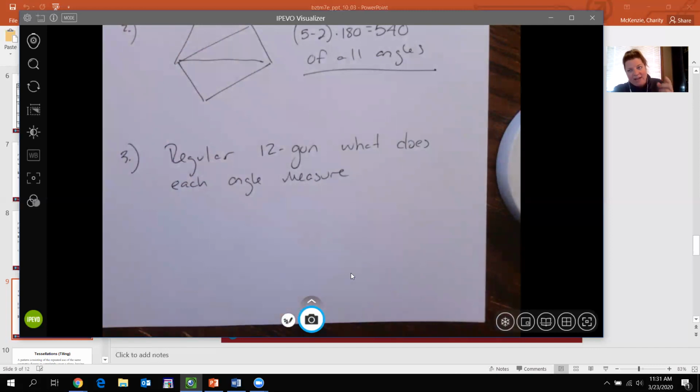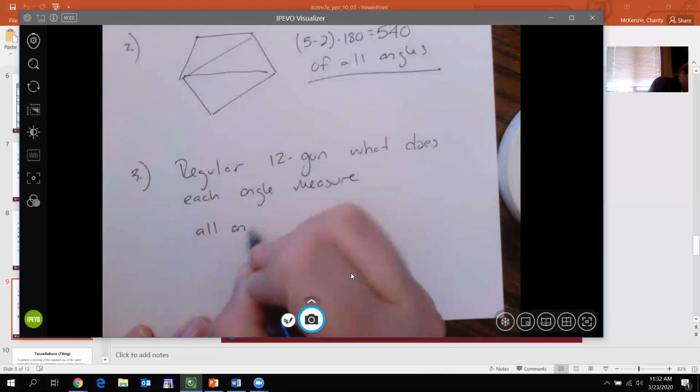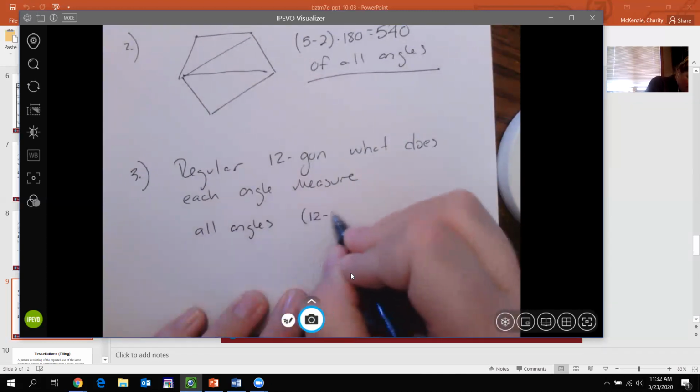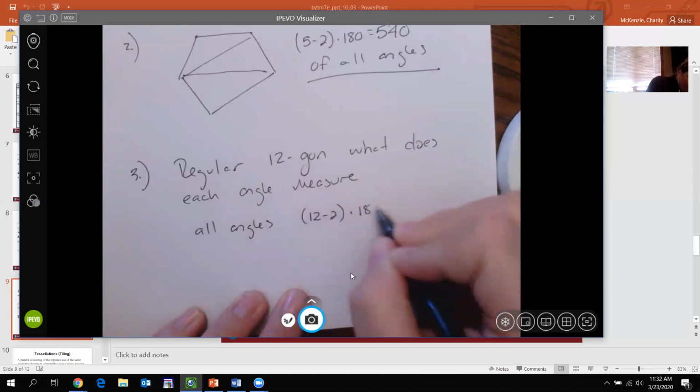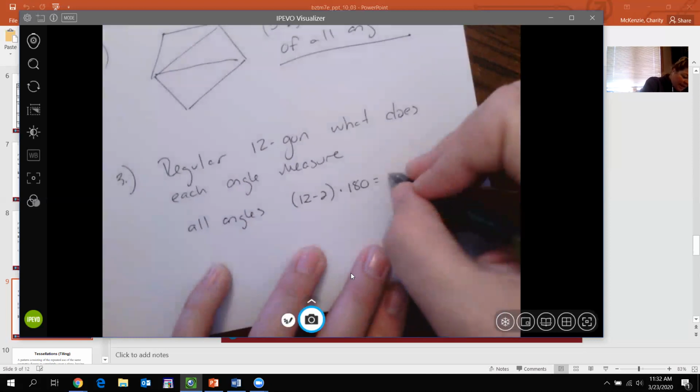That means every angle and every side is congruent, or measures the same. So we can use our formula for what all the angles add up to, 12 minus 2 times 180. They're all going to add up to this. So that's 10 times 180, which is 1,800.